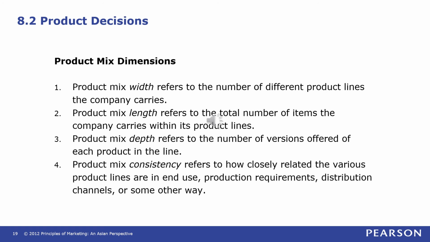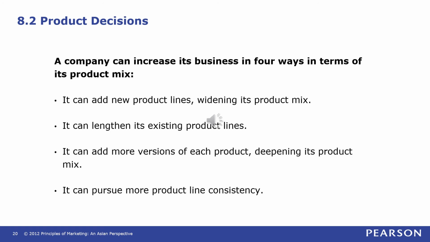Colgate's product lines are consistent insofar as they are meant for consumers and go through the same distribution channels. But the lines are less consistent insofar as they perform different functions for the buyers. So this is the final slide for the topic on product decision.